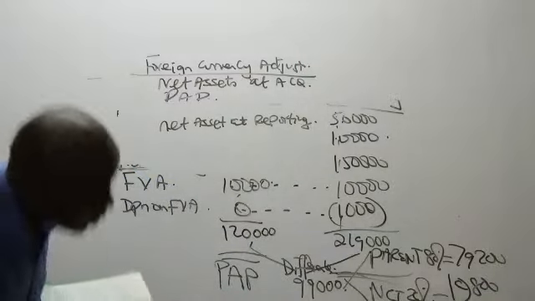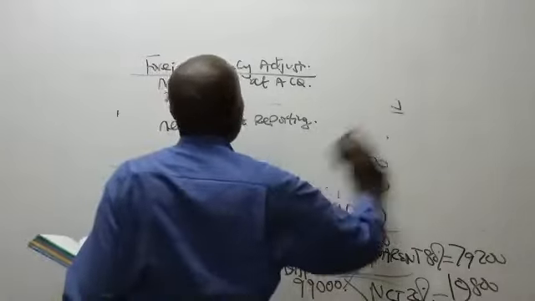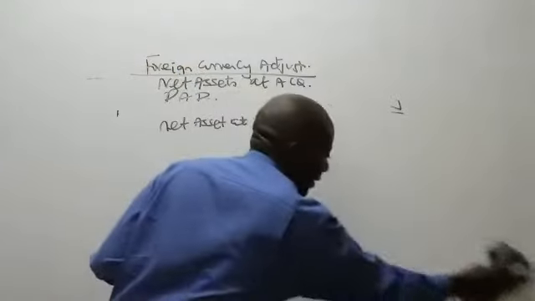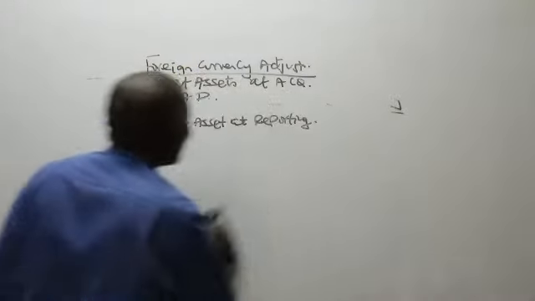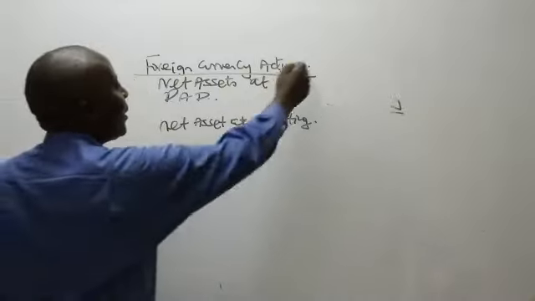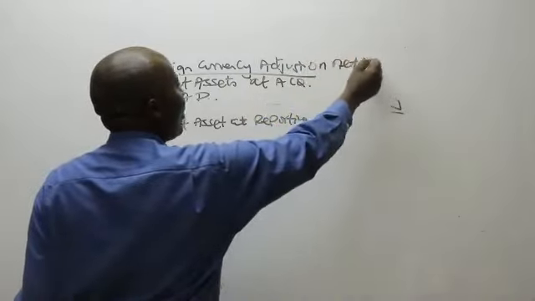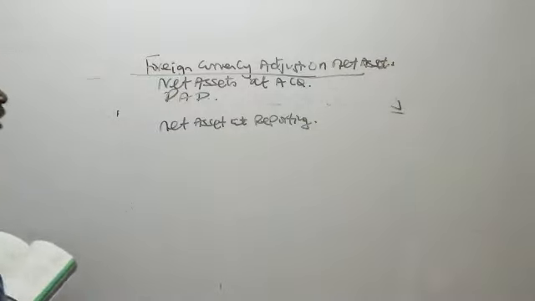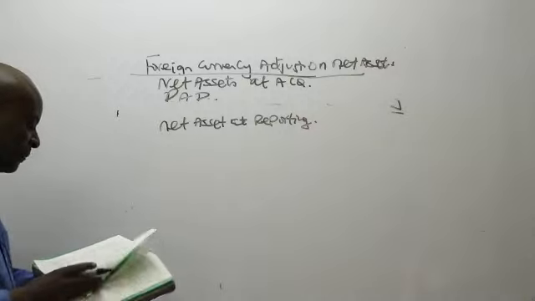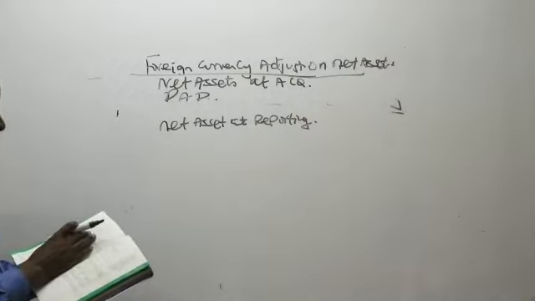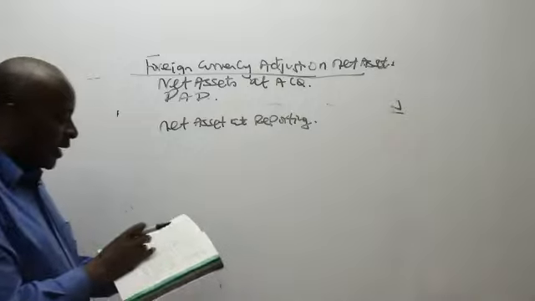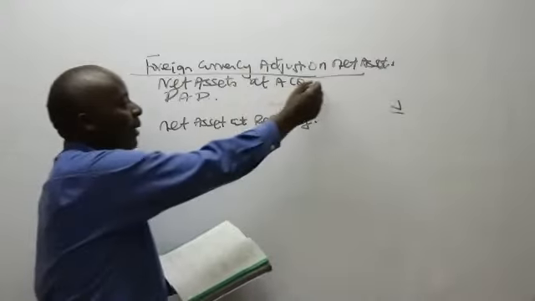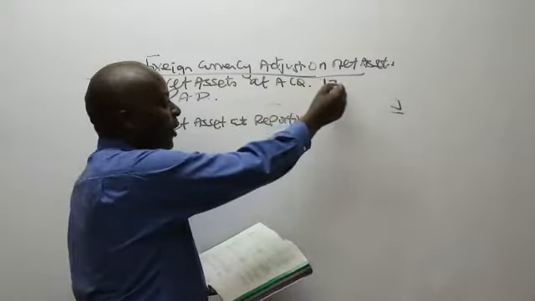Let me rub this. So we are doing the foreign currency adjustment on net assets. This is a new working, a very important working. So could you kindly remind me, what was the net asset at acquisition? 120,000.